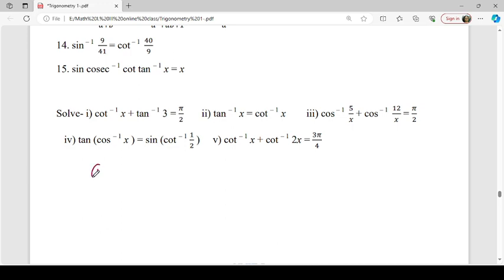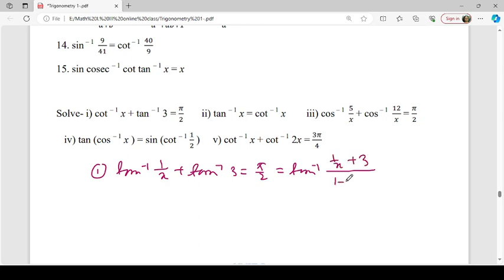So tan inverse 1 by x plus tan inverse 3 is equal to pi by 2, and we add it, it is tan inverse of 1 plus x plus 3 by 1 minus 1 by x into 3.